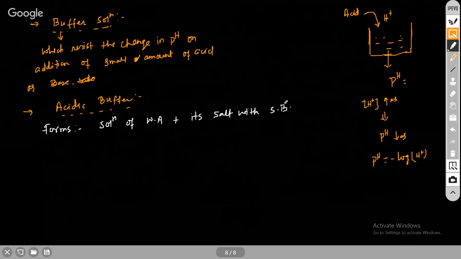Weak acid and its salt with a strong base.